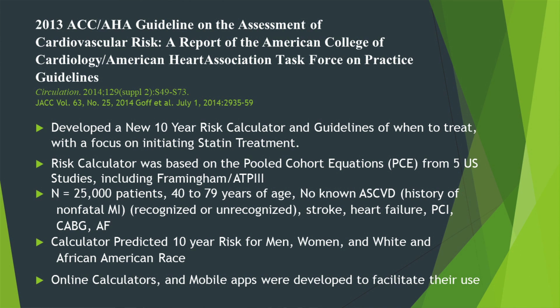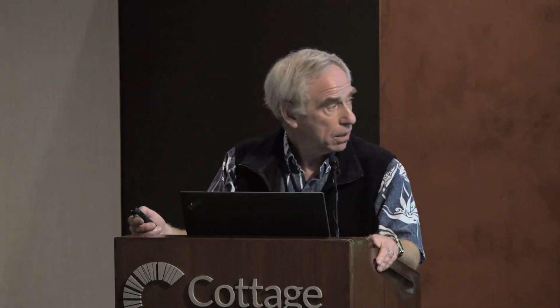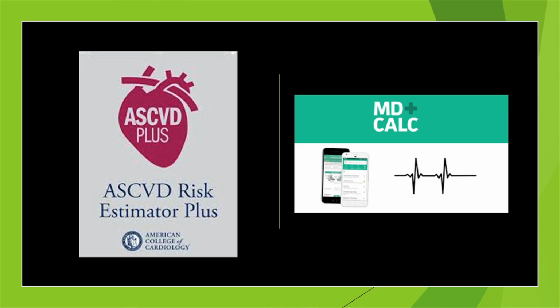And the calculator predicted 10-year risk for men, women, and white and African Americans, not other races, because they didn't have enough of those other races in the cohort of 25,000 patients. And they developed online calculators and apps, which subsequently were developed, which probably all of you have used. And you're using it in the clinic online. These are a couple of the apps. It's in MDCalc. It's in a lot of the medical calculators also.